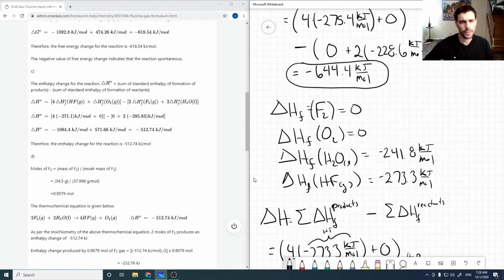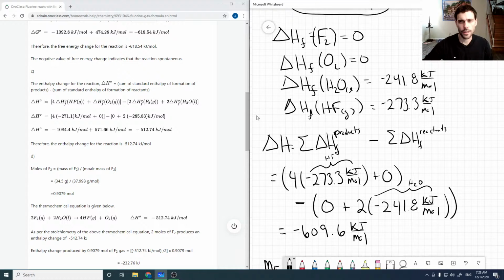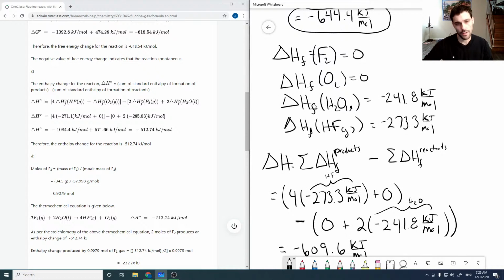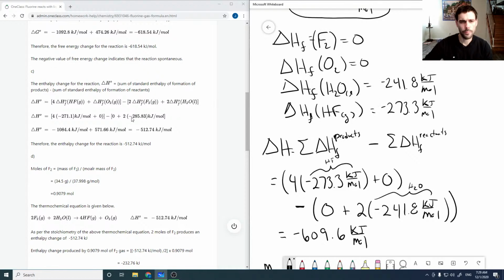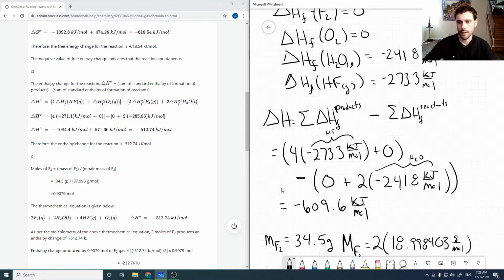And then for our delta H's of formation, they are also a little different, of course. Quite different, actually, especially in the water case, but the point is, again, that the equation is done properly, and it looks like it is.